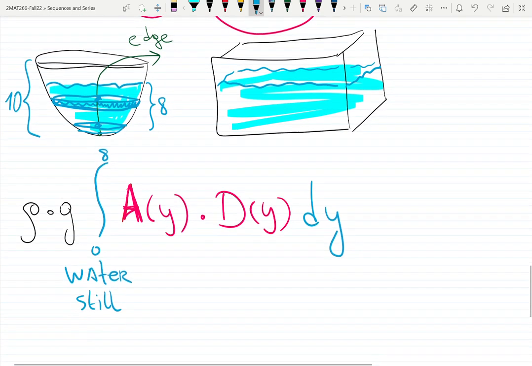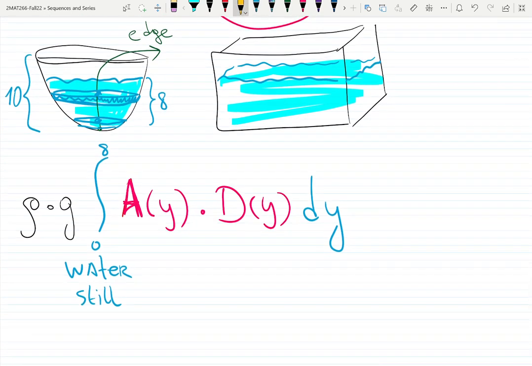So area will depend on the shape of the slice, right? It's a square, a circle, an ellipse, a triangle, whatever it is.